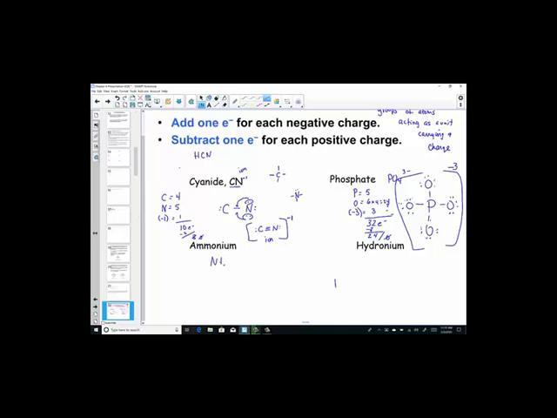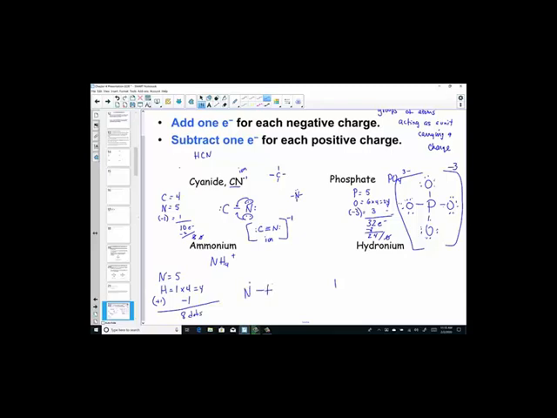Ammonium has a +1 charge. So what that means is that nitrogen, who's contributing 5, hydrogen, who's contributing 1, and it had a +1 charge, meaning it lost an electron. So I actually have to subtract an electron from my total. So 9 minus 1 is 8 dots available, which is perfect.